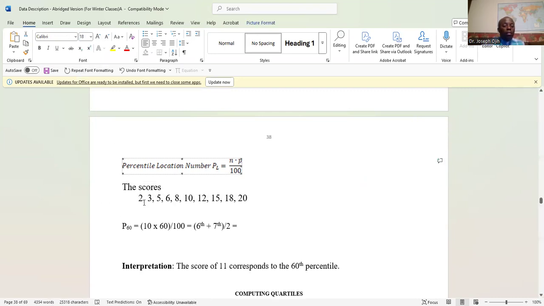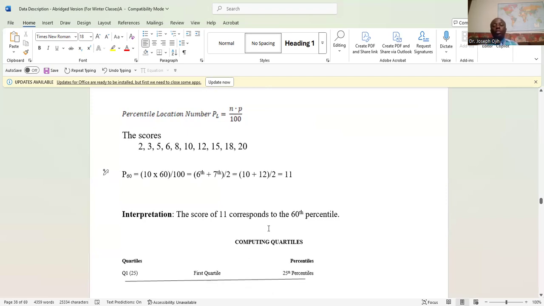So 1, 2, 3, 4, 5, 6, the 6th number is 10, plus the seventh number is 12. 10 plus 12 is 22. 22 divided by 2 is 11. So that means the score 11 corresponds to the 60th percentile.